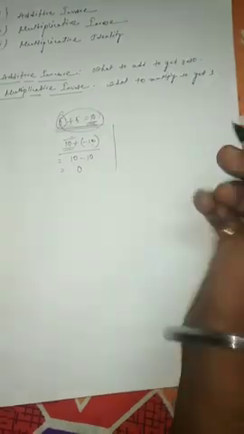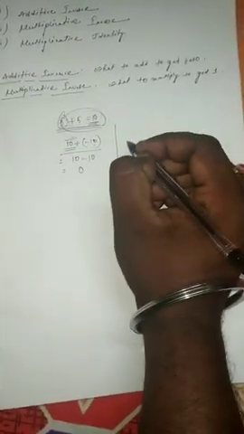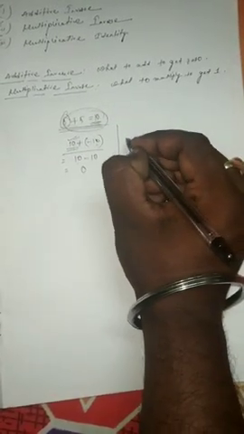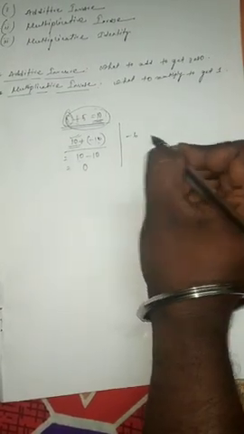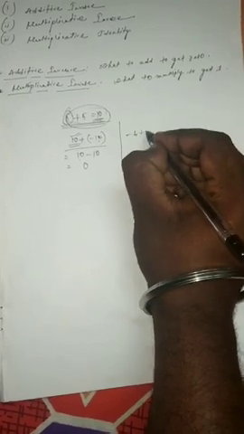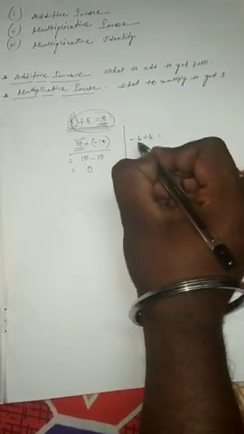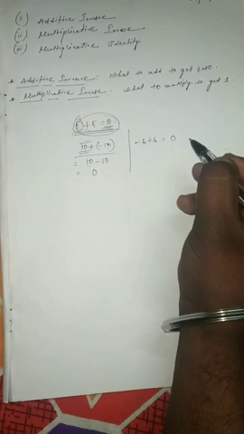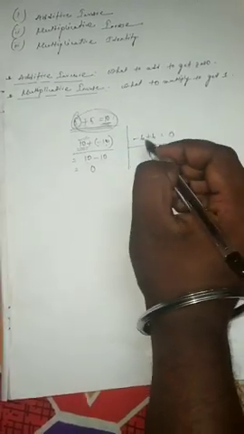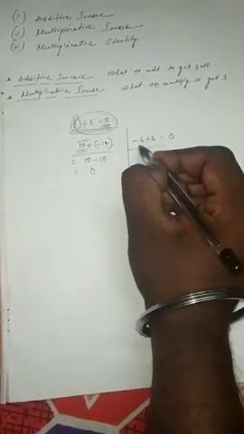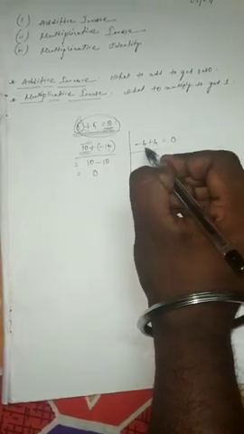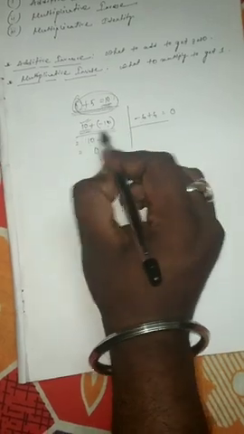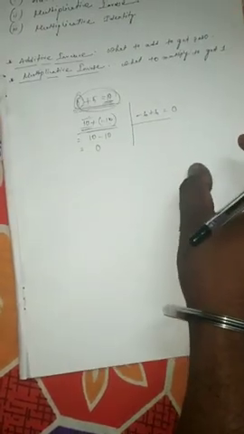If I consider a negative value, suppose minus 6, what is to be added with it to get 0? If I add plus 6, minus 6 and plus 6 result in 0. So the additive inverse of minus 6 is plus 6, and the additive inverse of plus 6 is minus 6. These were some negative and positive integers.